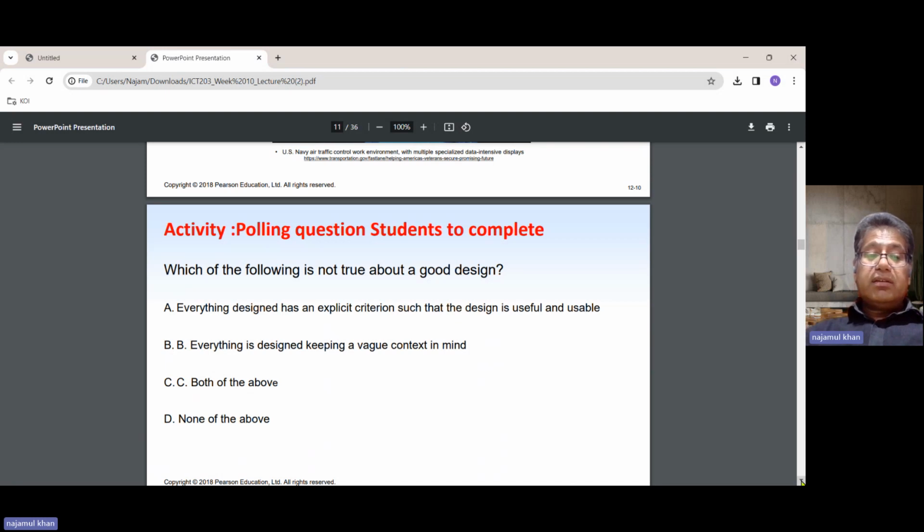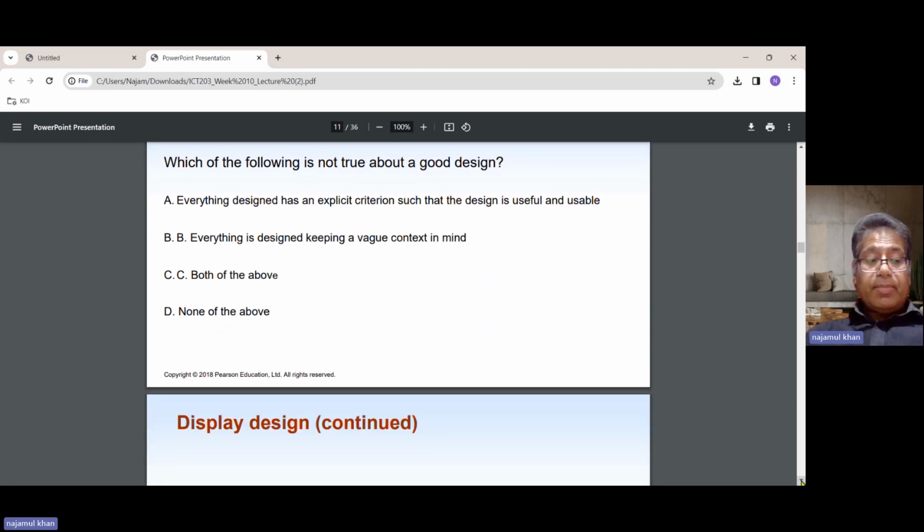Everything is designed keeping a vague context in mind. I think this is wrong. This is the answer, because this is not true. It should not be something vague. We don't want vagueness. We want, as I said to you, simplicity. Simplicity is the way to do your assignment. That is important, so that will be the right answer. Anyway, keep moving, guys.